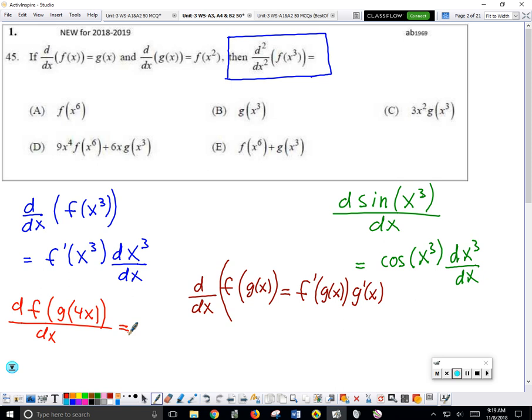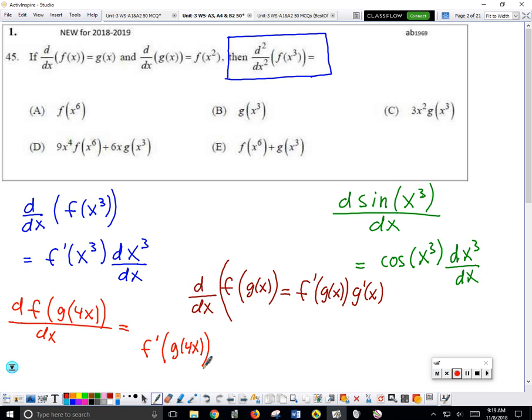To find this derivative, I'm going to use the chain rule. So this is f of something. The chain rule says it's the derivative of f with the something plugged in, multiplied by the derivative of the something.